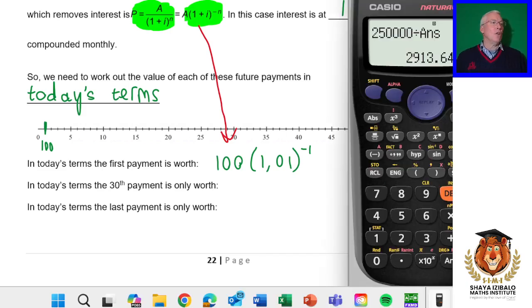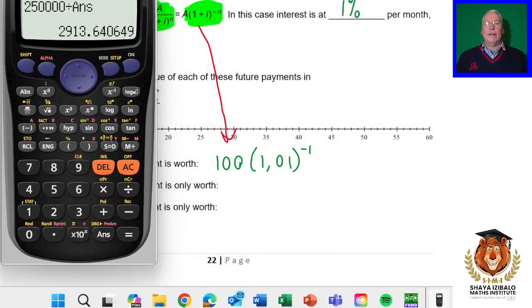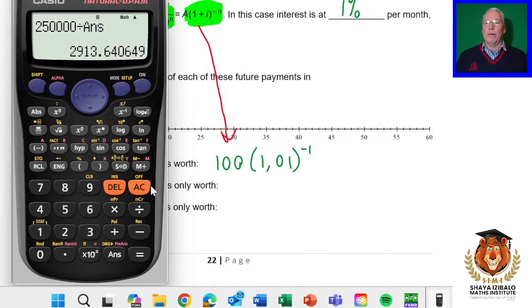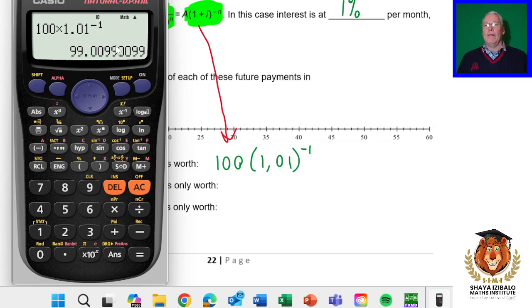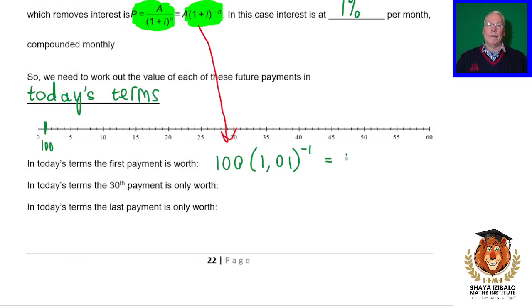In today's terms, that 100 Rand is only worth 100 times 1.01 to the minus 1. It's worth 99 Rand. What that means is that if we put 99 Rand into the bank for a month, it would become 100 Rand.